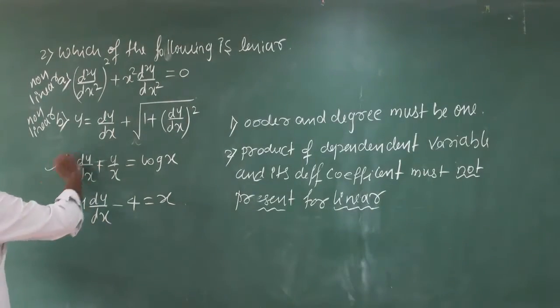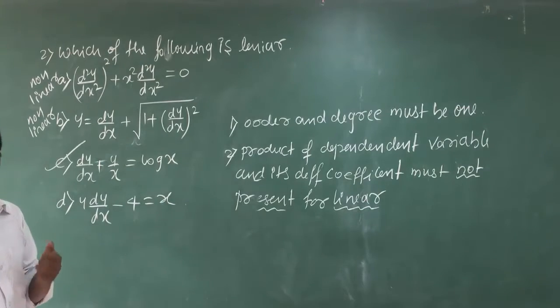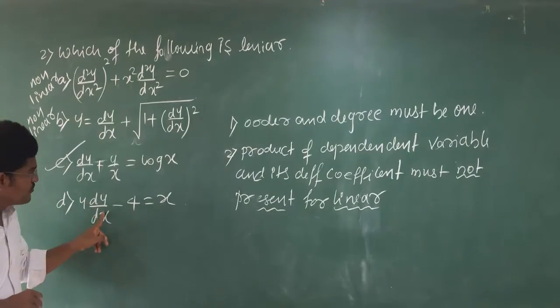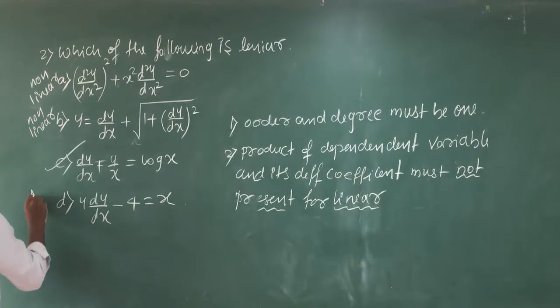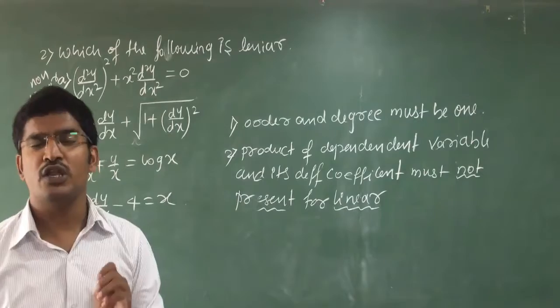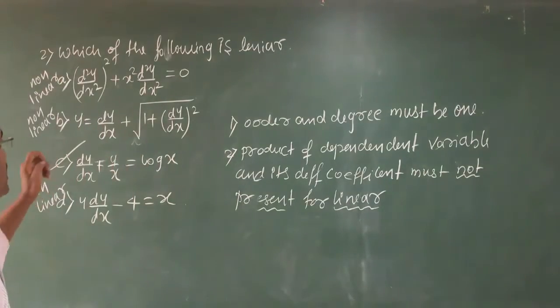Therefore it is a linear differential equation. Now come to the fourth one. See here, the product of the dependent variable and its differential coefficient is present. So this is non-linear. So option C is correct for this particular question.